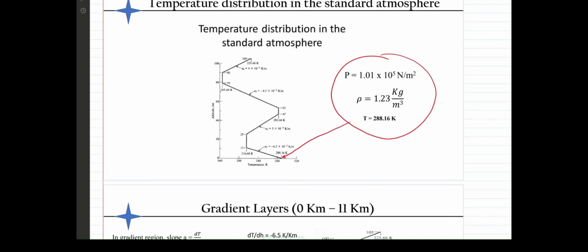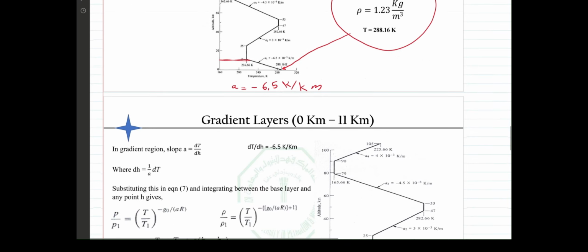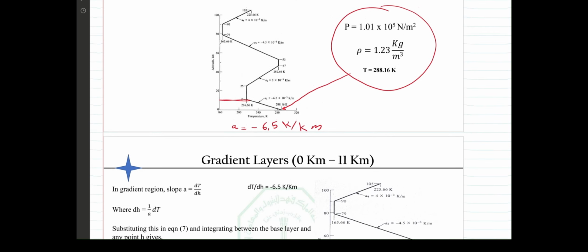As we go through the atmosphere until we reach 11 kilometers, we have a value of a, which is the decrease in temperature with altitude, of negative 6.5 Kelvin per kilometer. So through this whole region we have this value of a. Then we have the stratosphere, I believe, and then the tropopause in this region.